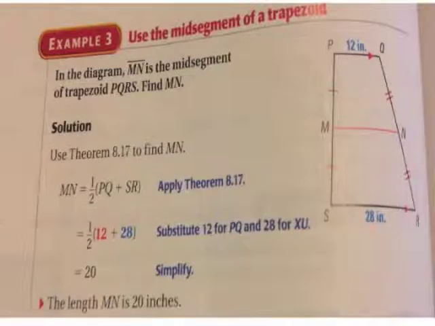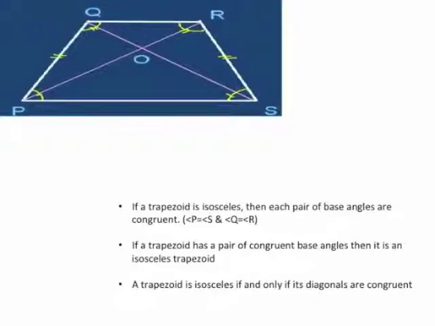Next, you would simplify by adding 12 and 28, which would give you 40, and dividing that by 2, which will give you 20. The length of MN is 20.